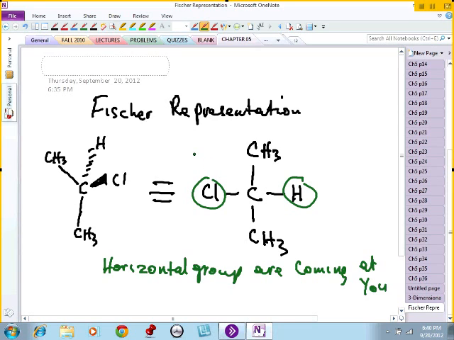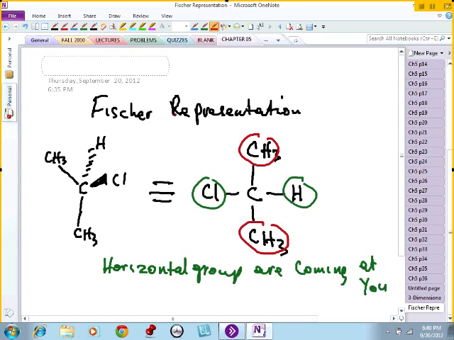Now, what that also means is that the vertical groups, the groups in the vertical position, in this case this methyl and this methyl, what are they doing? They're going away from you.